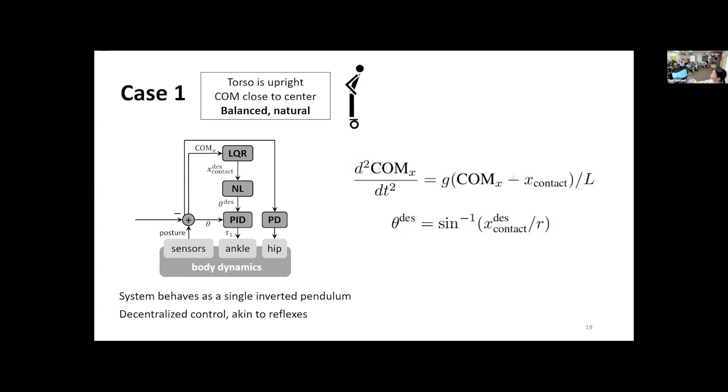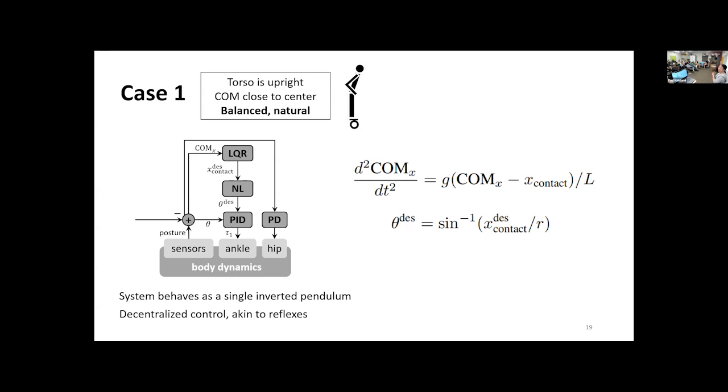So since it's affine, we throw it into a linear controller, the linear quadratic regulator. That's going to tell you here's where your foot should be on the log. And then we translate that into the desired angle of the ankle through this transformation, and we give that to a PID controller to track the ankle angle.